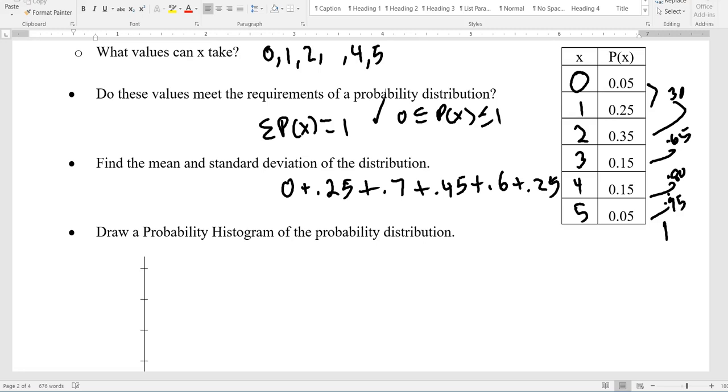Excuse me. Let's see. 50, 1.1, 1.8. I got 2.25. Oh my lordy. And that should be the mean.